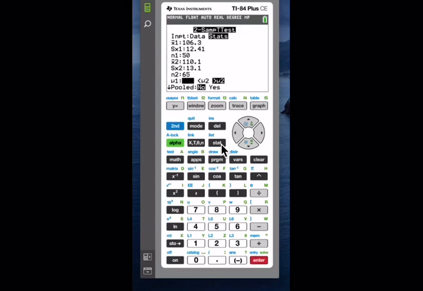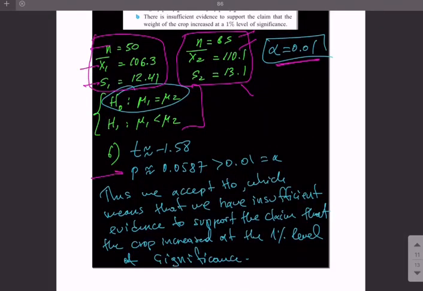Now the choice is going to be mu1 is less than mu2, and for our purposes we will always choose yes for pooled. We go down, we calculate, and this is our answer. P value 0.0587, and that's it. My calculator found that my result P is about 0.0587, and I can make the conclusion. So that's the way that you can go and do the homework.